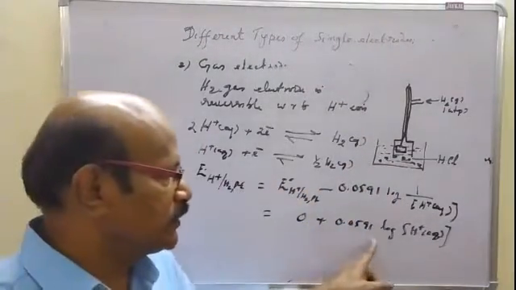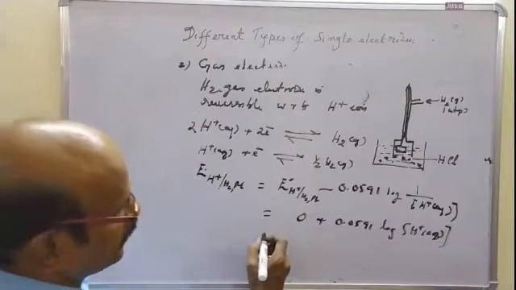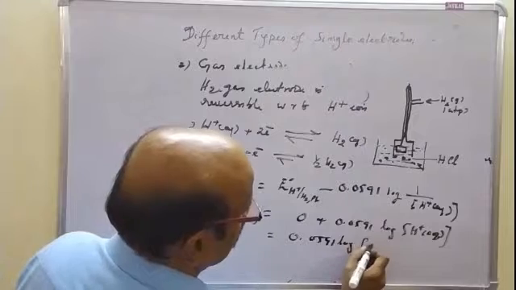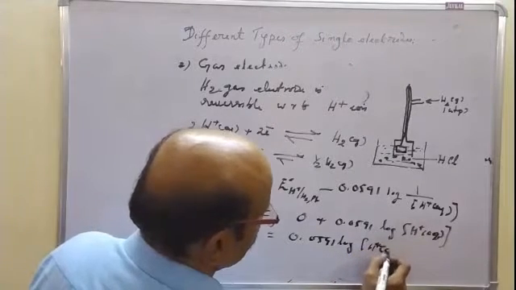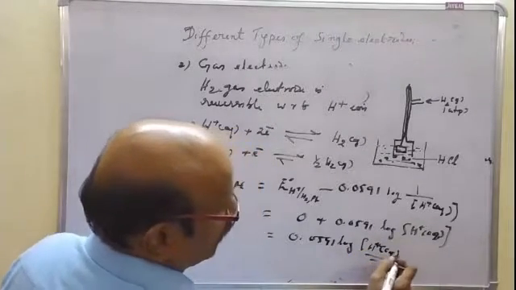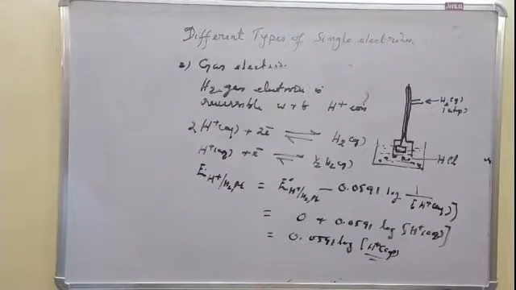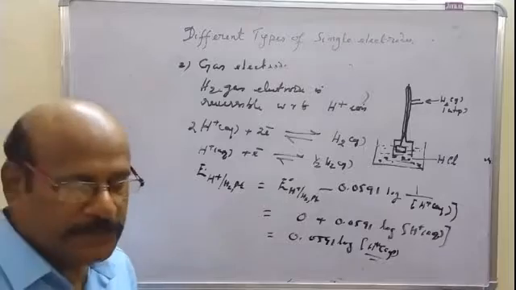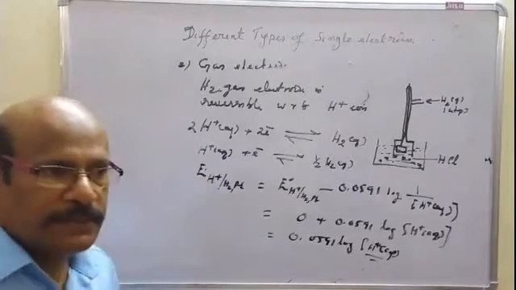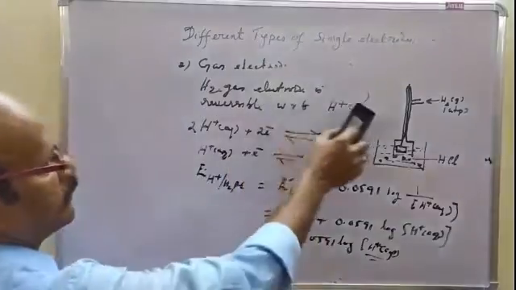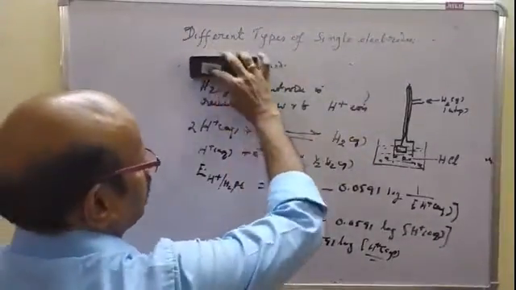So E is equal to 0.0591 log H plus aqua. When this becomes 1 molar, it will automatically become 0. So the hydrogen gas electrode is a single, reversible gas electrode in which hydrogen gas is reversible with respect to H plus ion.